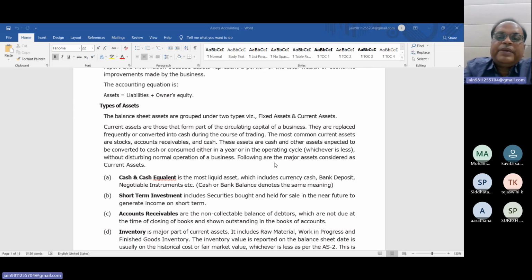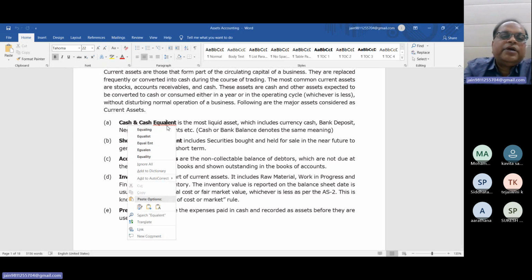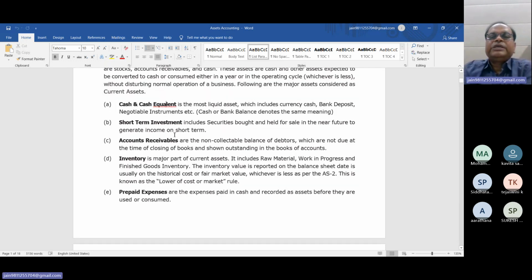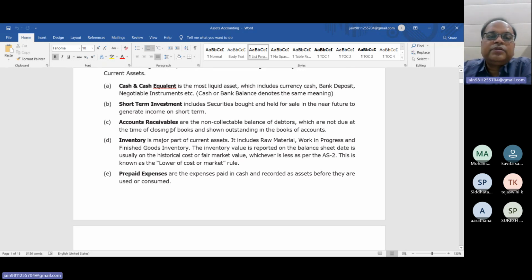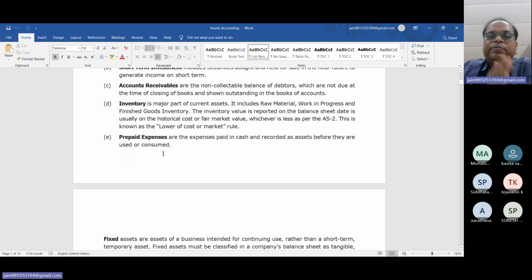So the following are the major assets considered as current assets. Cash and cash equivalent. We have already discussed cash equivalent in the last class. A cash equivalent means something which is easily converted into money. Short-term investment includes securities bought and held for a period in the near future to generate income in the short term. Accounts receivable, inventory, and prepaid expenses, which are paid in advance.